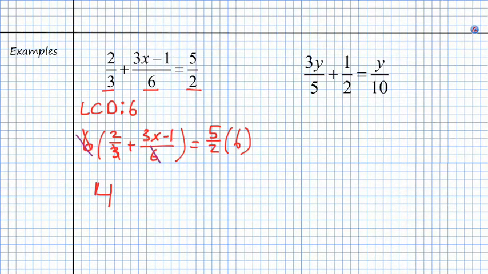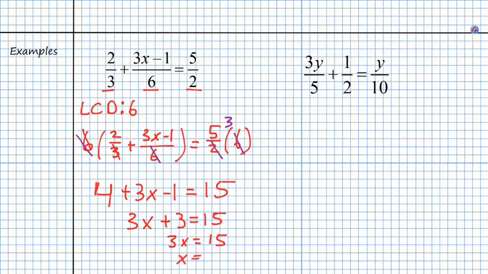So we have 4 plus 3x minus 1 is equal to, and then over here again, these will cancel, and we're left with a 3. So 3 times 5 is 15. So then we have 3x, and then 4 minus 1 is going to be 3, is equal to 15. We get 3x is equal to 12, and then we get x is equal to 4.